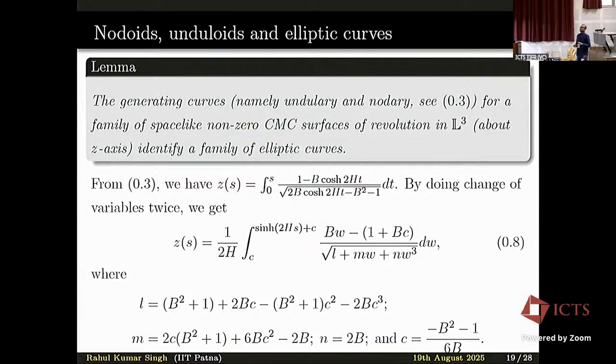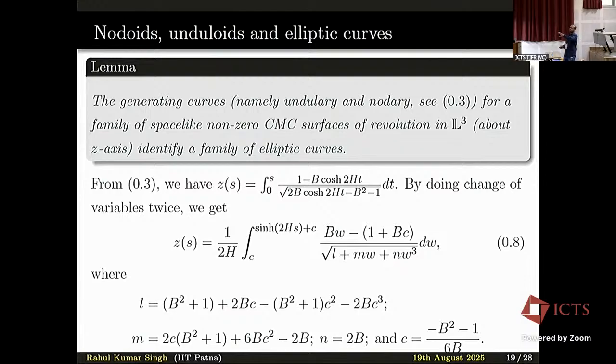So the idea is you do change of variables. By doing multiple changes of variables, you start with the Z component, this Z(s), which is like this. By doing some change of coordinates, we will arrive at an integral like this, and then you define this L to be this number, M to be this number, and N is this, and you have to choose C to be this.